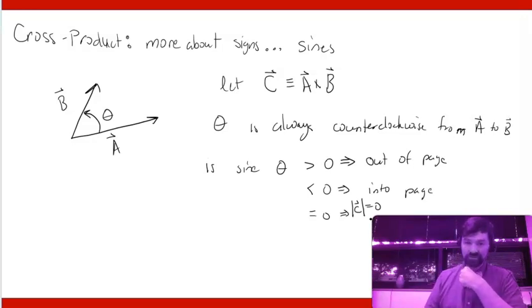But this does work for an algebra-based course for figuring out what direction the cross product is actually in. So this one right here, the cross product would be out of the page at you.